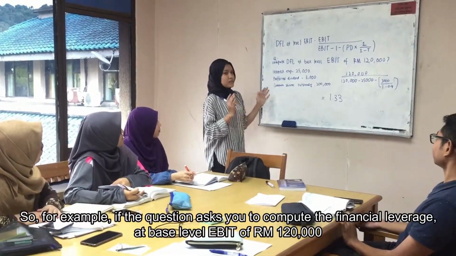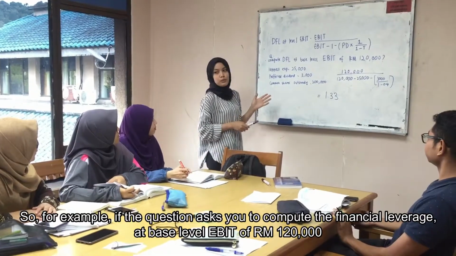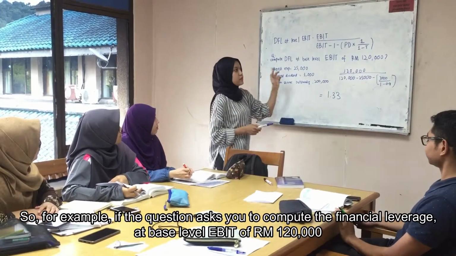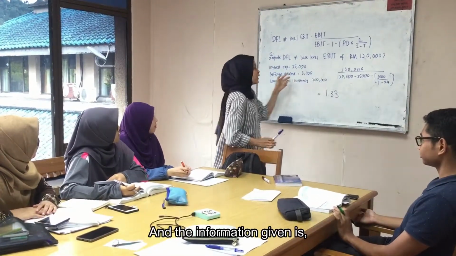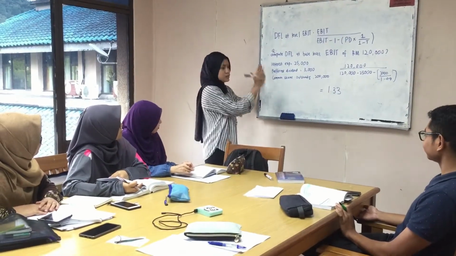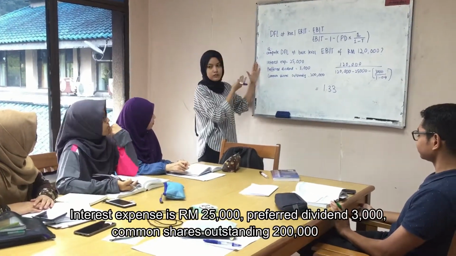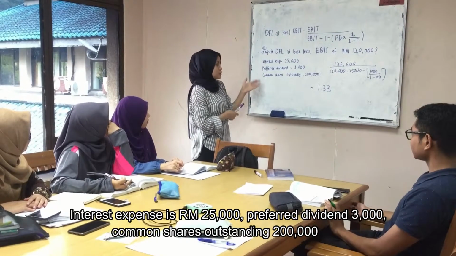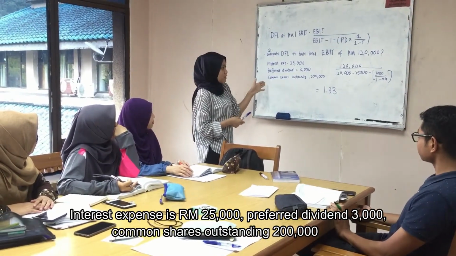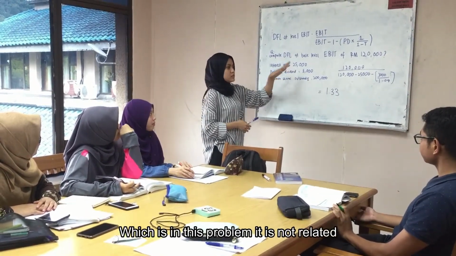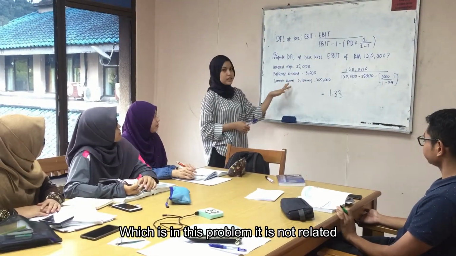So, for example, if the question asks you to compute the financial leverage at base level EBIT of 120,000 and the information given is this one: interest expense 25,000, preferred dividend 3,000, and common shares outstanding 200,000, which in this problem is not related.